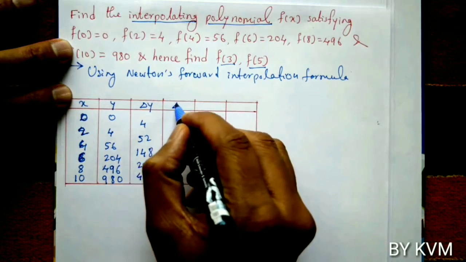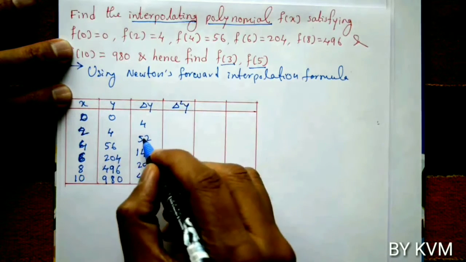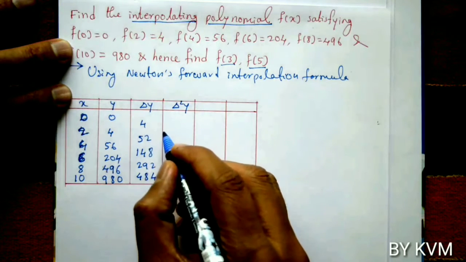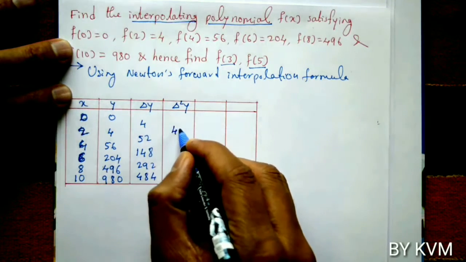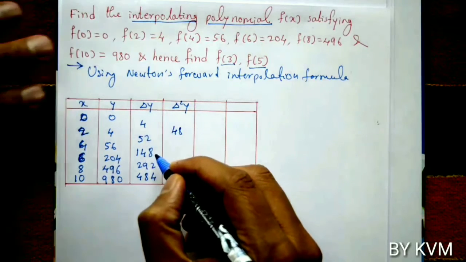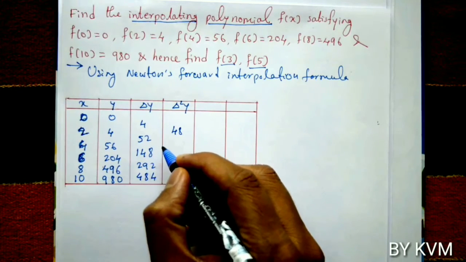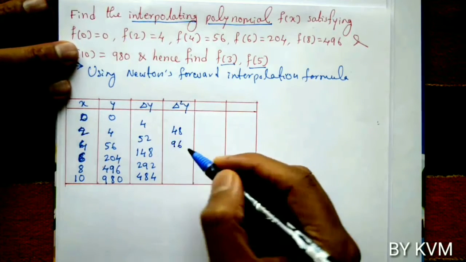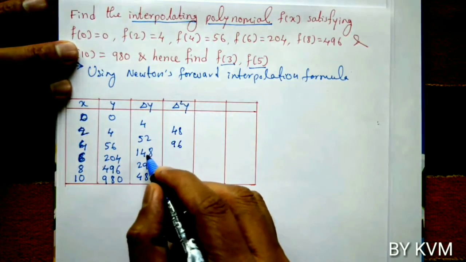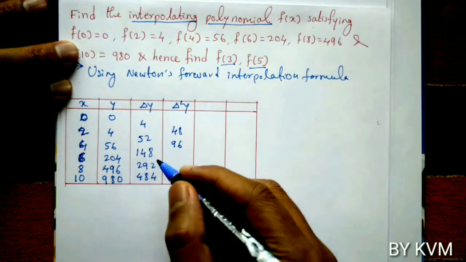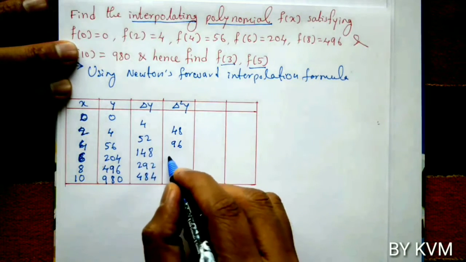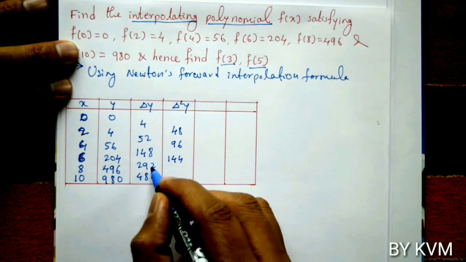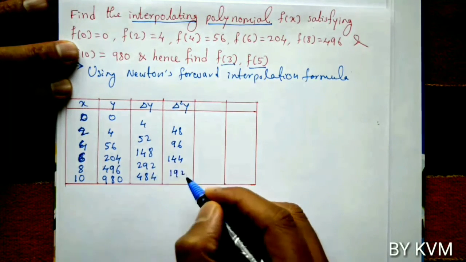Now second forward differences, denoted by delta square y: 52 minus 4 is 48, 148 minus 52 is 96, 292 minus 148 is 144, then 484 minus 292 is 192.